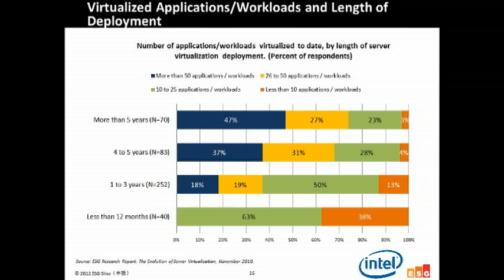The navy blue color represents respondents who indicated they have more than 50 applications and workloads deployed in server virtualization. The correlation between the years of server virtualization and the percentage with 50 or more application workloads indicates customers are going to increase their applications or workloads over the years of server virtualization deployment.